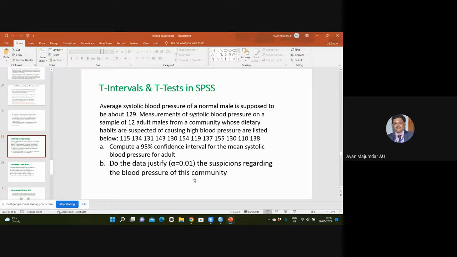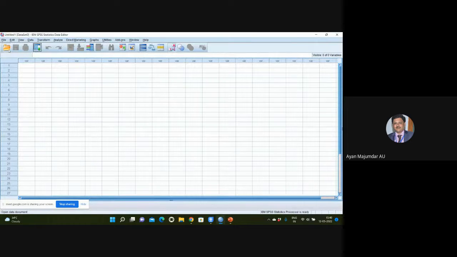That we will test. Before testing that, one more thing can also be done here, which is to find the range of the blood pressure of that group of adults. How to do it? Now, I have this data already with me in my SPSS file.